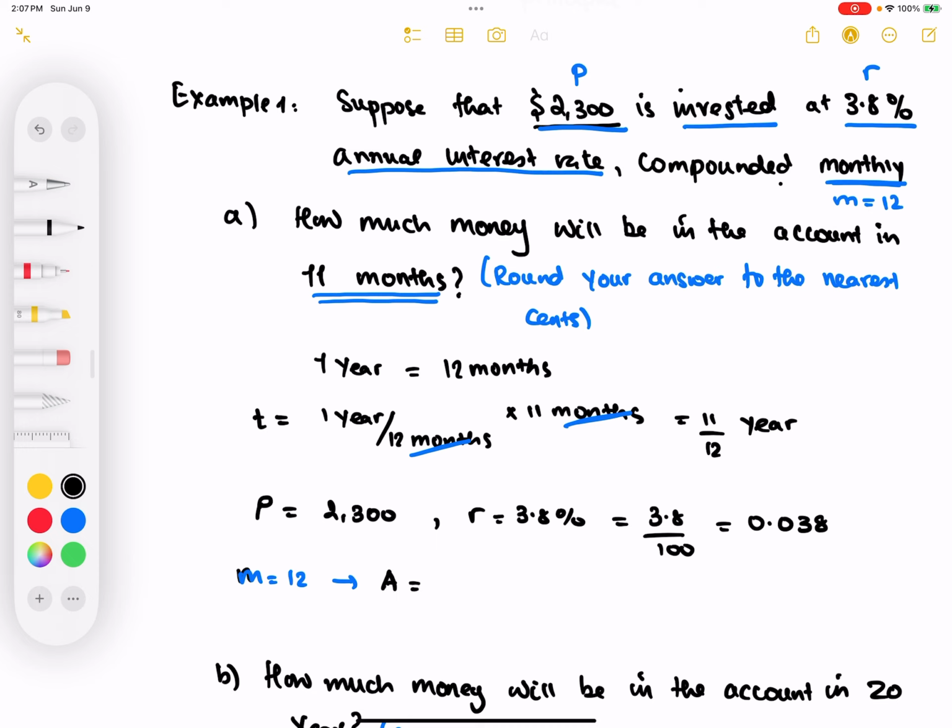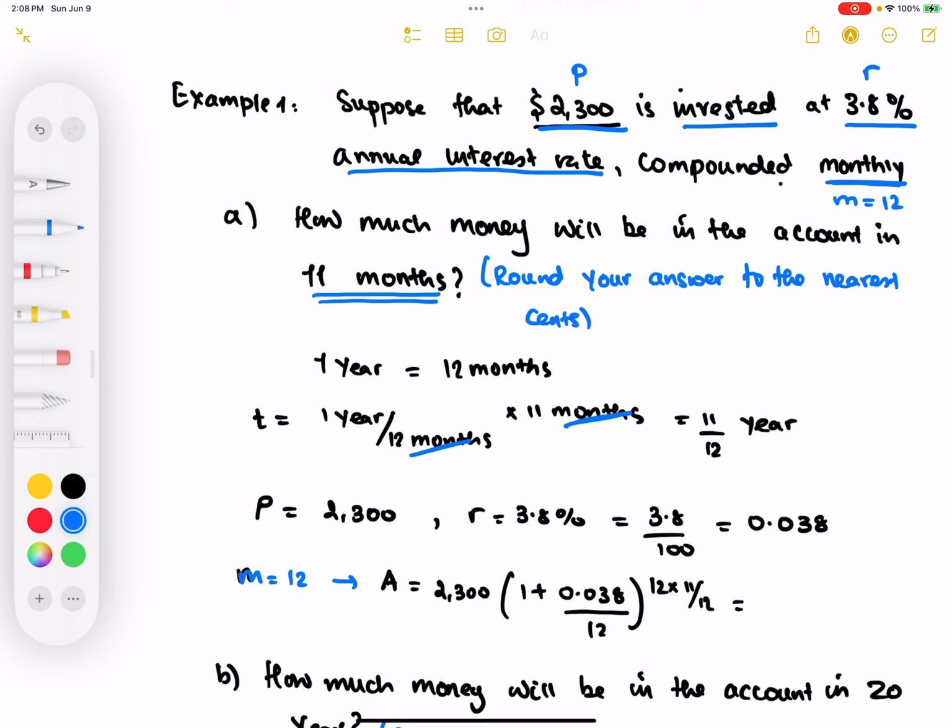A is equal to, the P value is 2,300, times 1 plus the rate, which is 0.038, divided by the M value, which is 12, raised to M times T, which is 12 times 11 over 12.